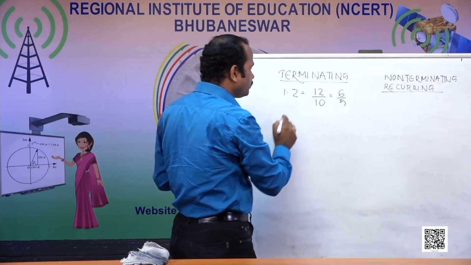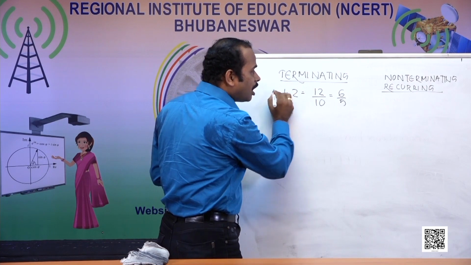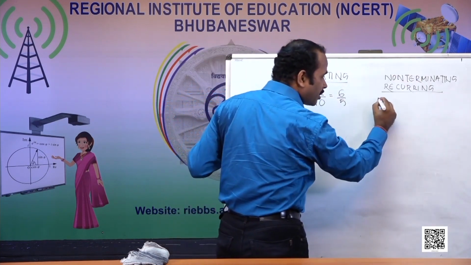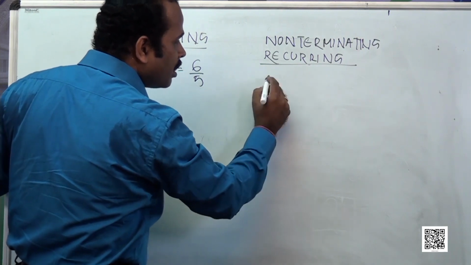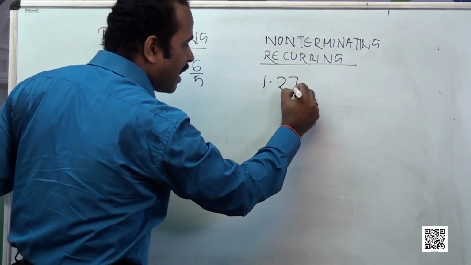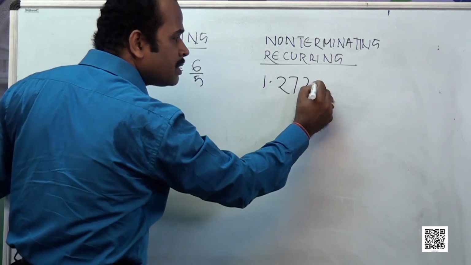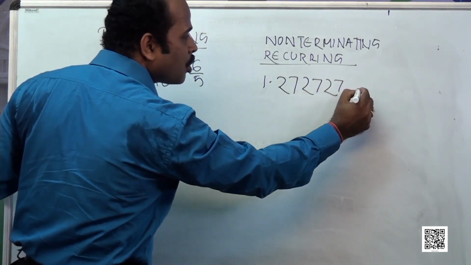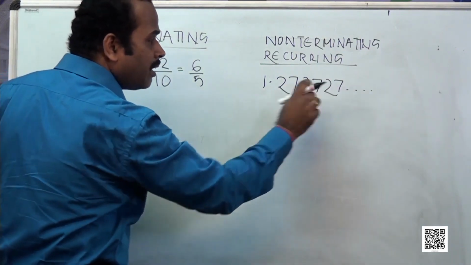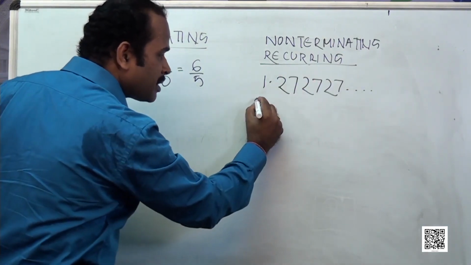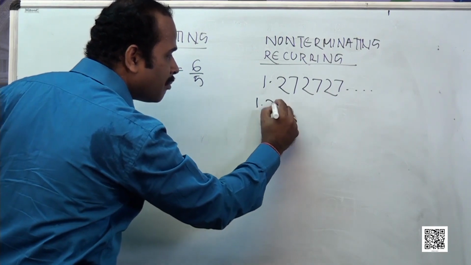Now suppose this is not terminating, it is a non-terminating recurring number. For example, suppose it is 1.27 and so on. Now here we find it's not terminating, but it is repeating. So such numbers I can write as 1.27 bar.